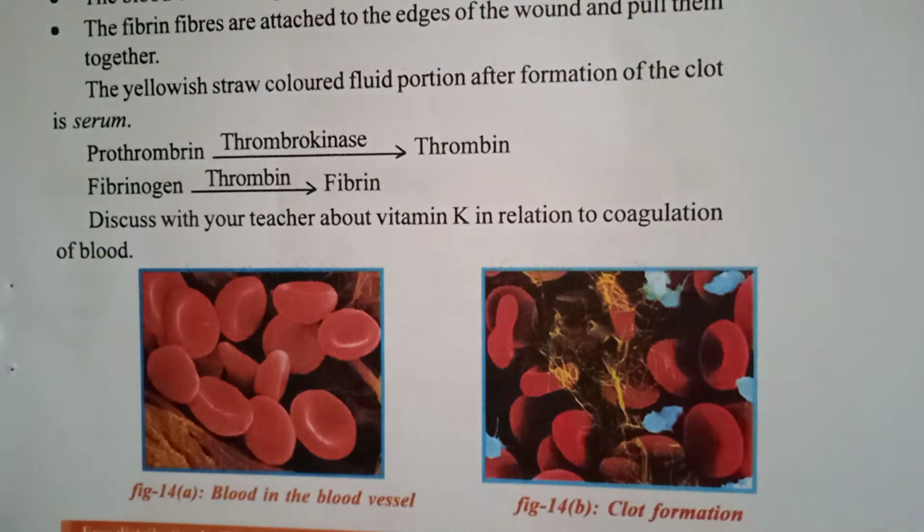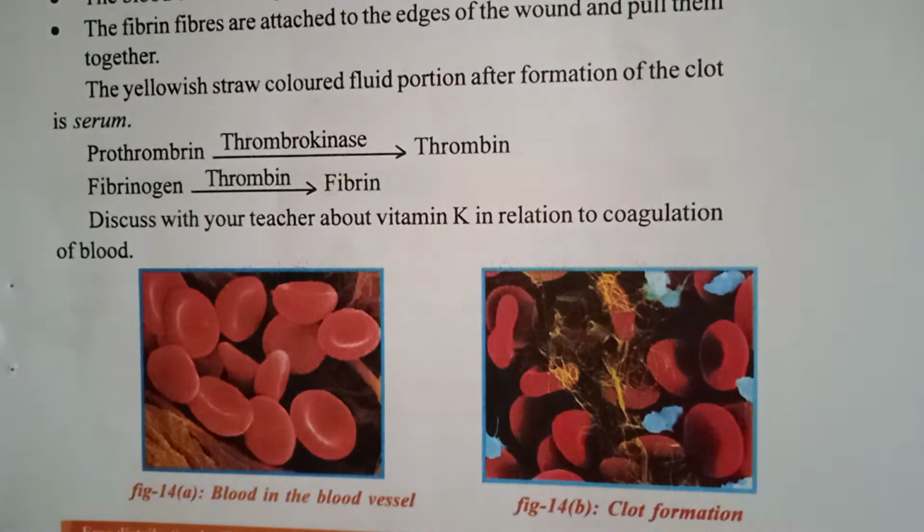Now I am telling you what chemical changes take place in the formation of a blood clot at the site of a wound or injury. When there is a cut on the body, within 3 to 6 minutes we will observe the formation of a blood clot at the site of the wound, and blood does not flow out of the wound.